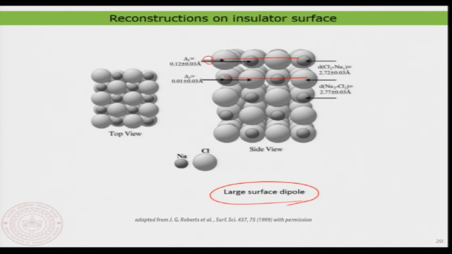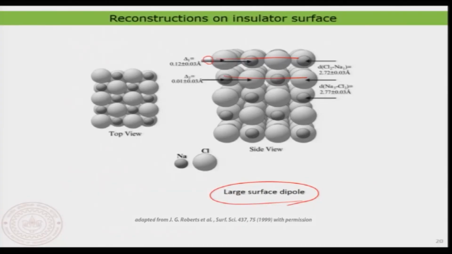So any surface that you take, the top layer is going to be relaxed. The typical reconstruction that you find in these kinds of surfaces, particularly in salt, is just the relaxation of the top layer to the bulk, and not the major rearrangement like what we have seen in the case of metals. For metals and semiconductors the strongest reconstructions are known.